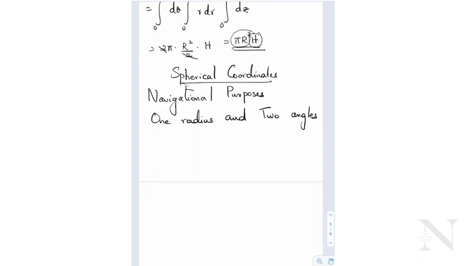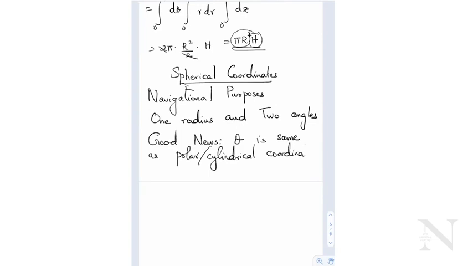There is no more r, or no more x, y, z. Theta is still going to be there, so that's the good news: theta is the same as in your polar and cylindrical coordinates. But you need to pay attention to the others.